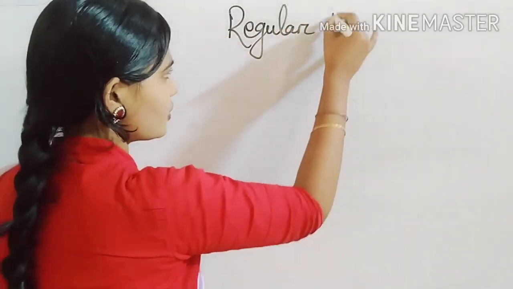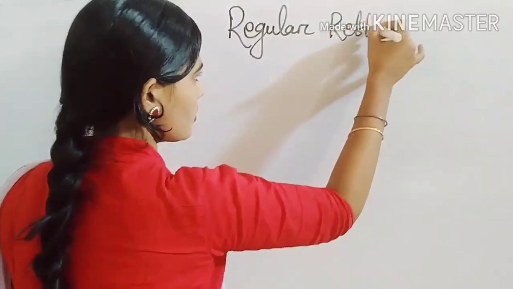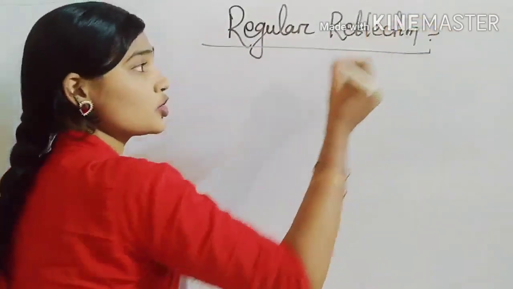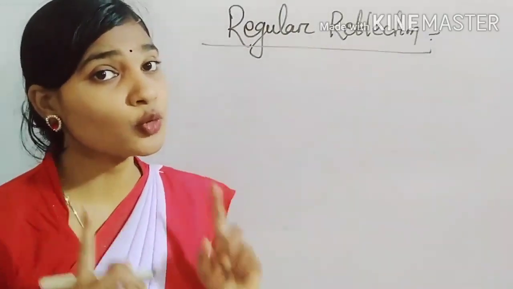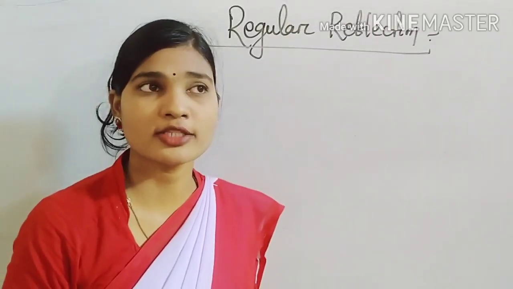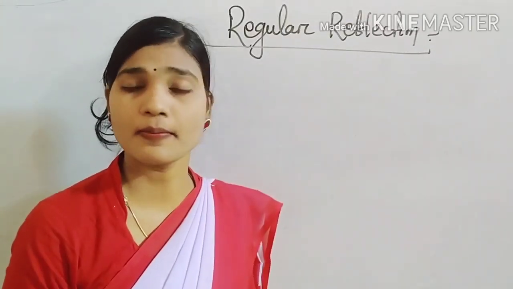Regular reflection. What is regular reflection? When a ray of light falls on a smooth reflecting surface, let us take an example of the smooth reflecting surface, that is a mirror.